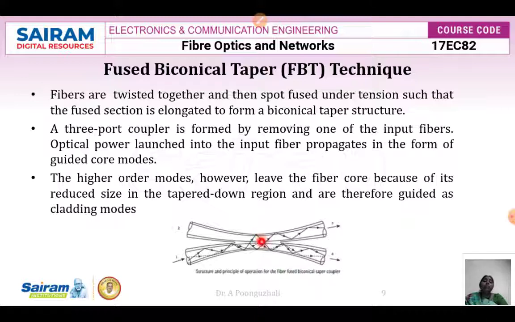That means it will move to the other end of the coupler. When it goes there, the higher order modes escape from the core of the first fiber, and they enter into the core of the second fiber.